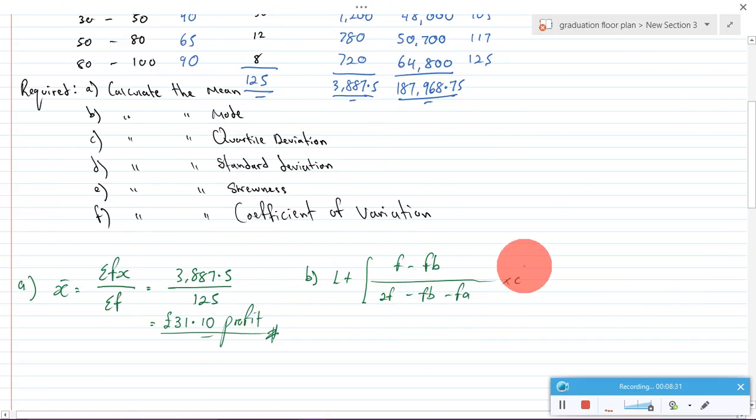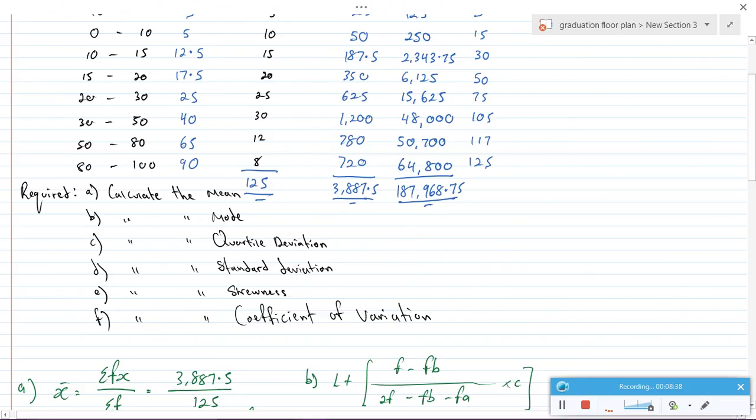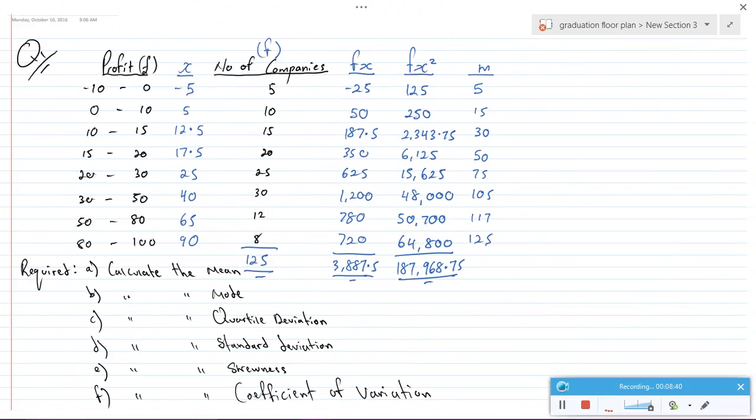How do you find mode? Do you remember? Based on what theory? The highest frequency, right? The highest value in your number of companies. So which one has the highest value? 30. So that becomes your F.